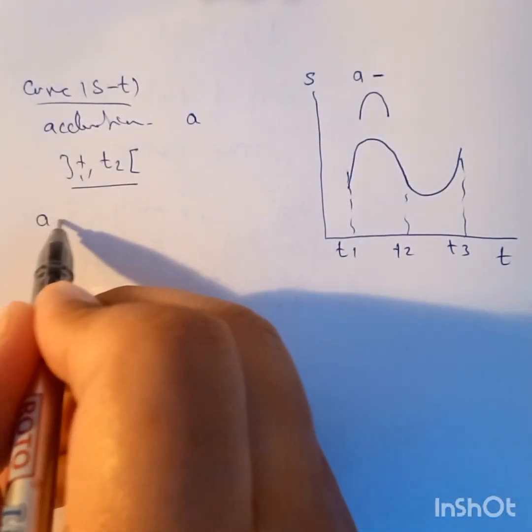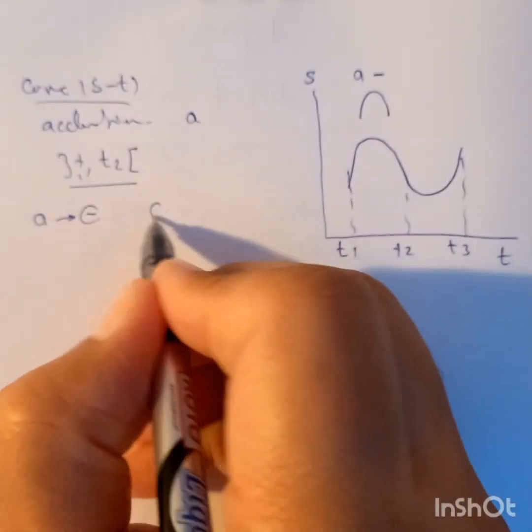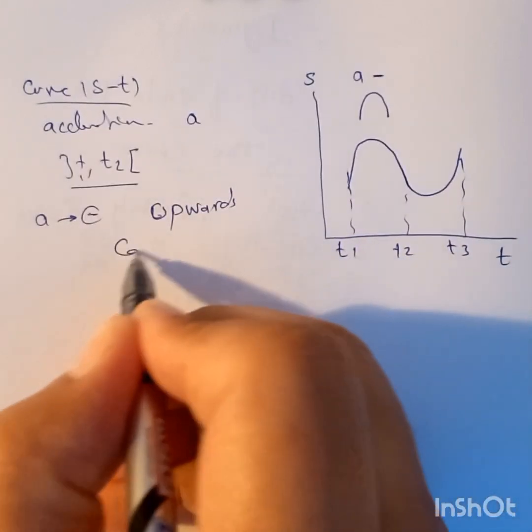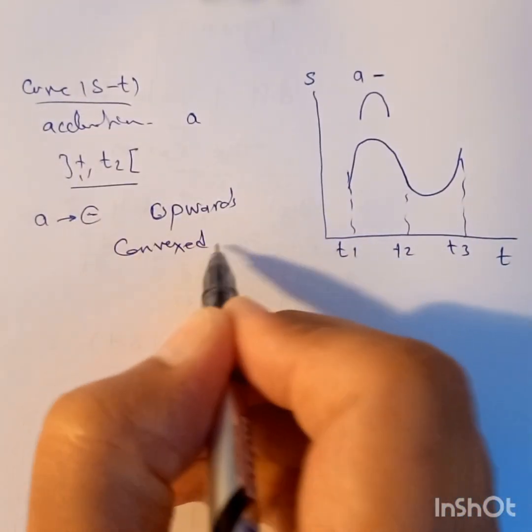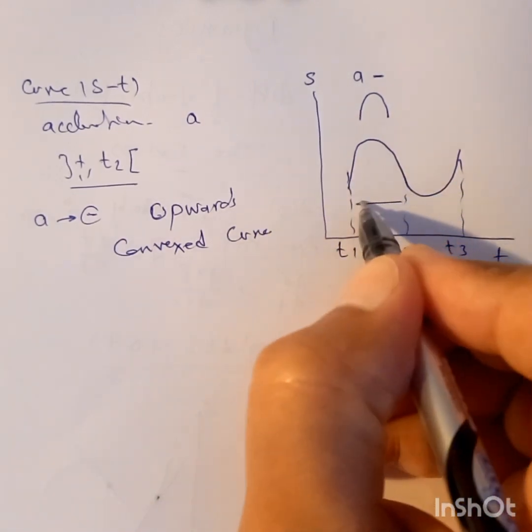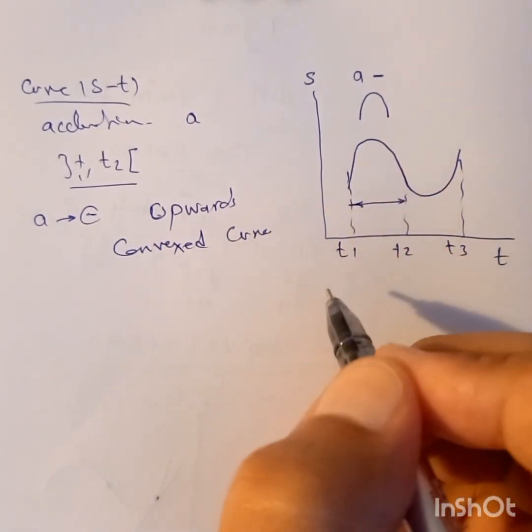Then acceleration is negative when we have an upwards convex curve, as in this time interval between t1 and t2.